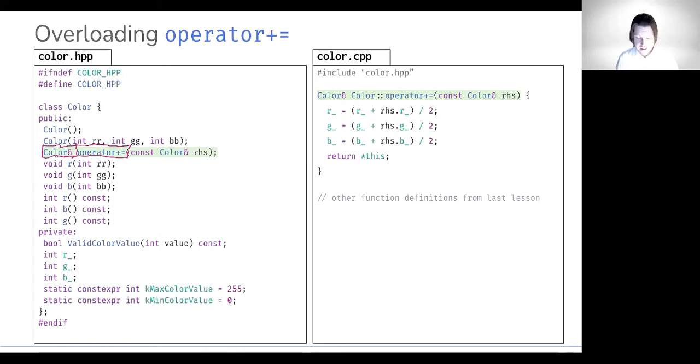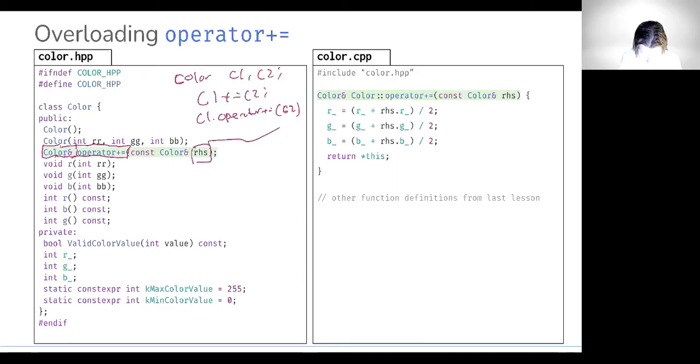And remember, this is a binary operator, but when we're writing something like C1 plus equals C2, what's going to happen in this case is C1.operator plus equals C2. So we actually only need one parameter, which is the single argument, in this case, C2.